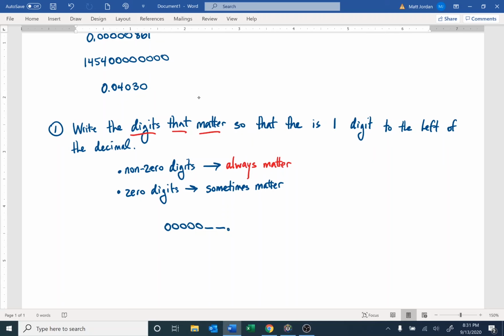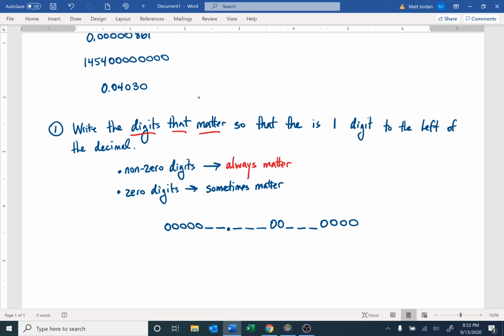Maybe there's a decimal place here, and then maybe there are more non-zero digits. Maybe this number continues and there are some zeros in the middle of it, between additional non-zero digits. Lastly, at the end of this number, there are some more zeros.